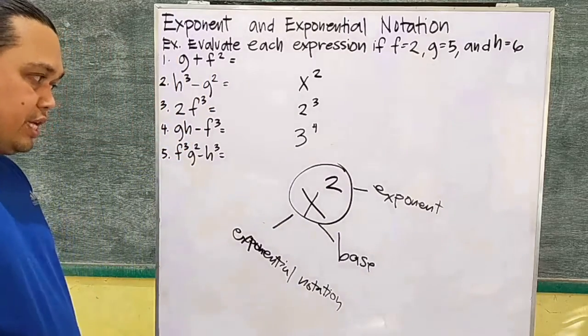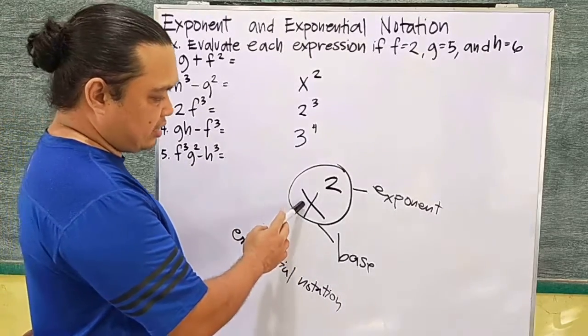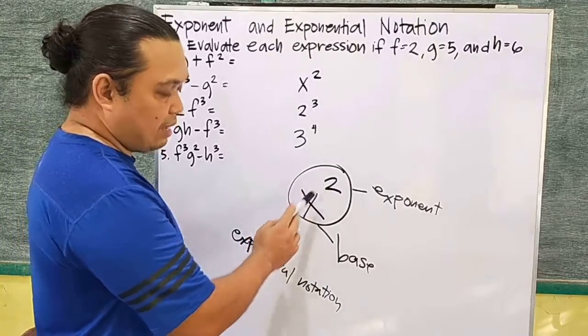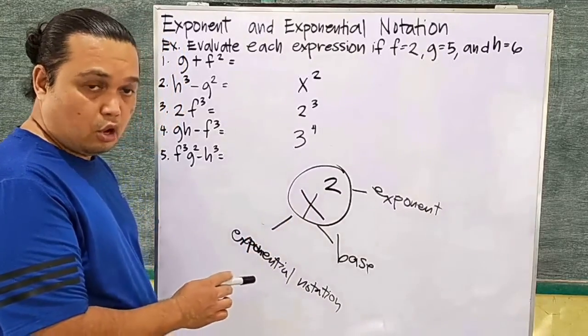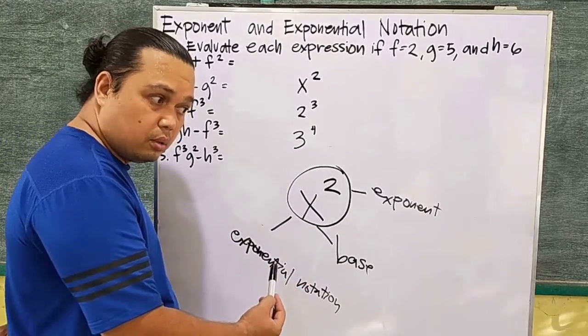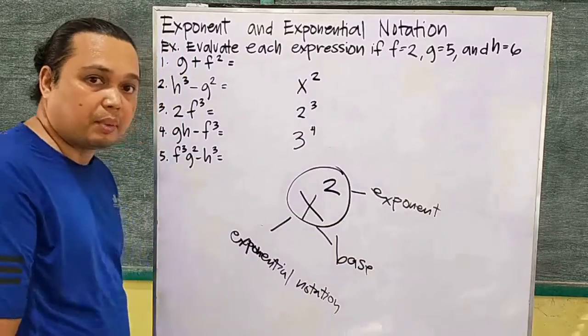What it means is that we are multiplying x, the variable, 2 times by itself, or we are making x a factor multiplied depending on the power.